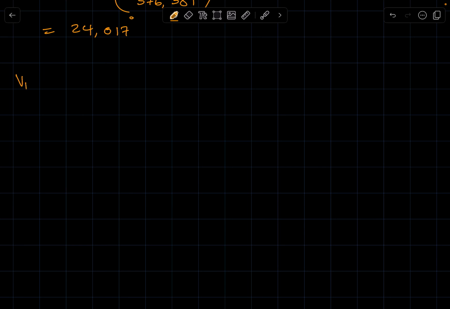VPQ, remember, is the resultant, which is what we are looking for. Using Pythagoras, this will be the square root of the sum of VPQ in the x direction squared plus the sum of VPQ in the y direction, all squared.